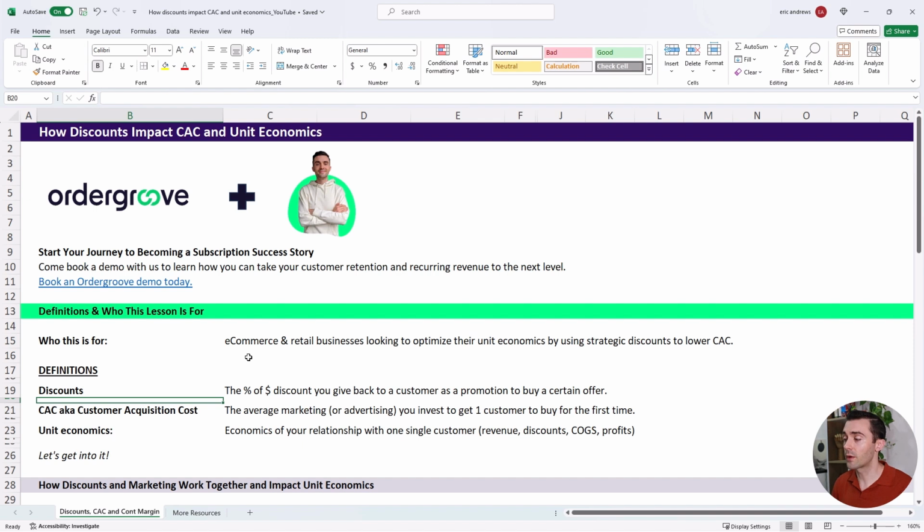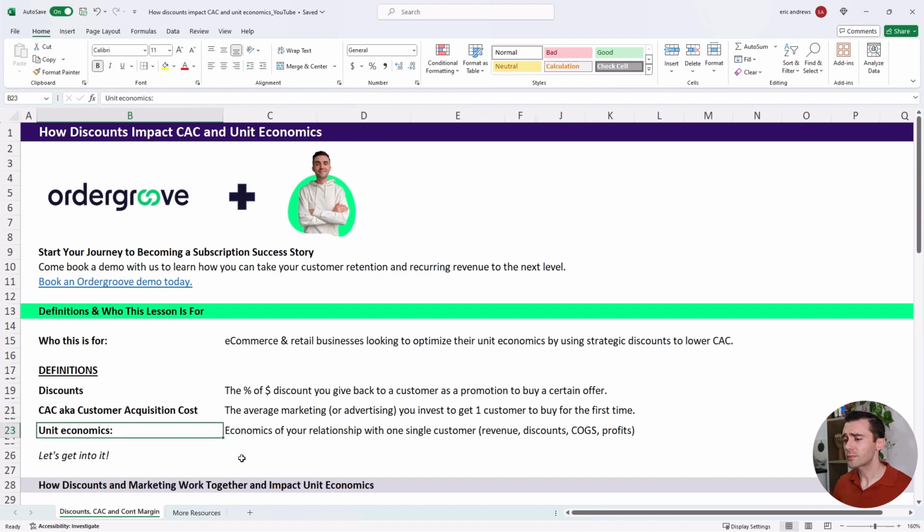We're focused on the first purchase because the vast majority of your paid marketing, especially in e-commerce, is targeted to get people to make that first purchase. Generally, if they make subsequent purchases from there, there won't be a lot of marketing investment that you need to do to get those purchases. So they'll be on a subscription program, or they'll be on your email list, or they'll be following you organically on social. So we focus on the first order with customer acquisition cost.